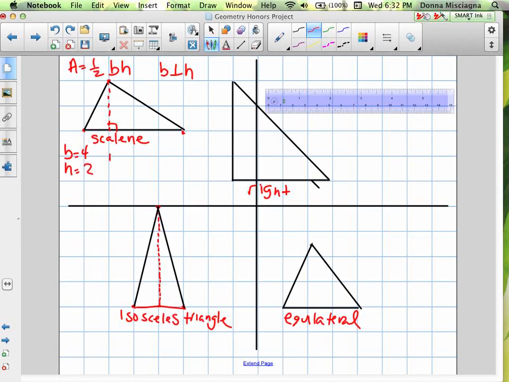So that means the area is 1/2 times, and I'm going to write the formula, I have it written up there. 1/2 times base times height, so 1/2 times 4 times 2. So half of 4 is 2, and 2 times 2, that's just 4. So the area is 4 units squared.